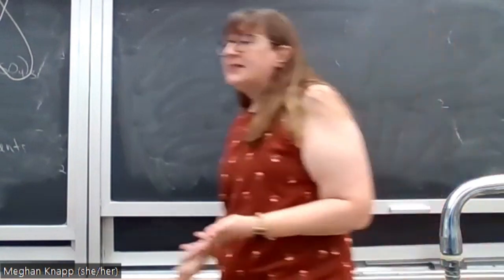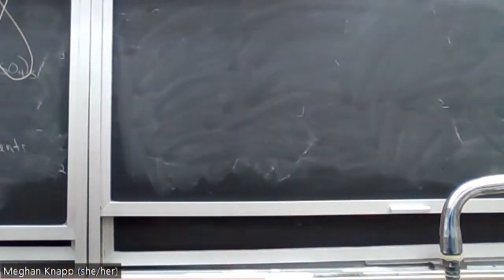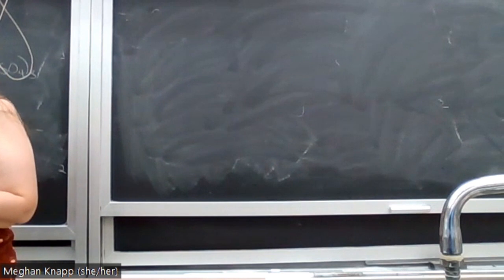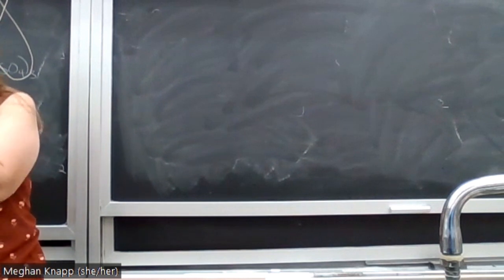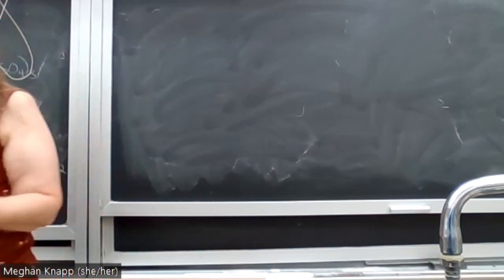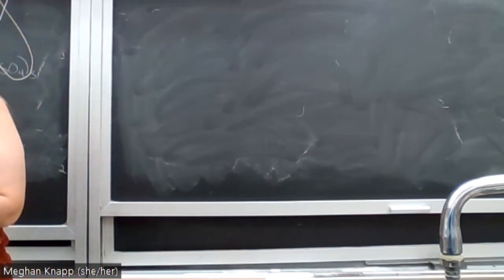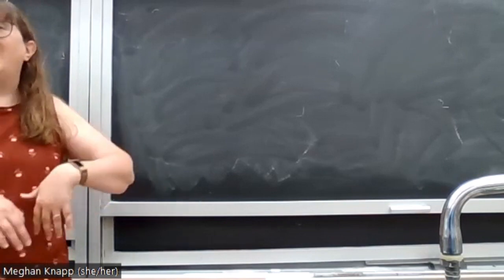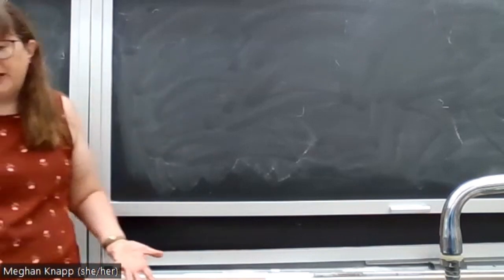So we said that oxidation reduction reactions involved the electrons moving from one atom to another. The way we determine how many electrons are moving from one element to another is we have to assign the electrons in the first place.